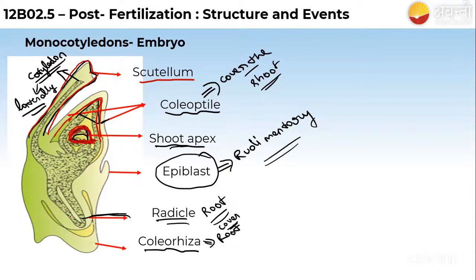Then coming to the root, terminally there is a radicle. That radicle gives the future root, which is covered by a coleorhiza. The coleorhiza covers the root. It is as simple as that. Very simple and easy. Do you understand that?